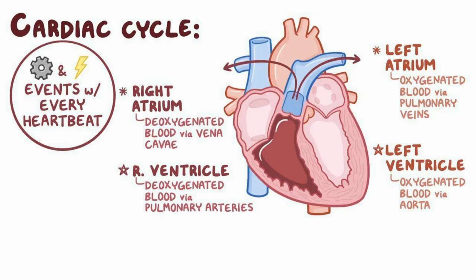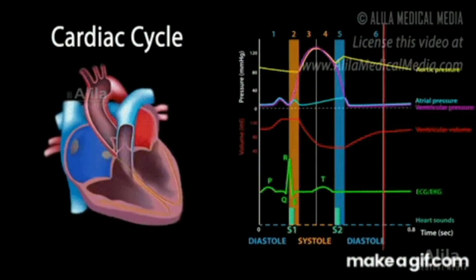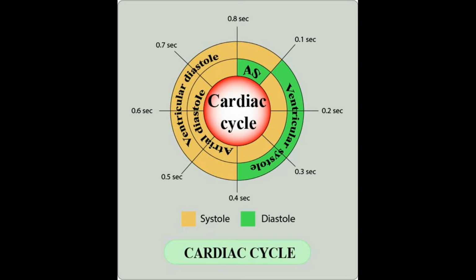So the events of cardiac cycle will be shown in 4 steps. The first one is joint diastole, second is atrial systole, the third one is ventricular systole, and the last one is ventricular diastole. In joint diastole, all the 4 chambers of heart are in a relaxed state, that is, they are in joint diastole.